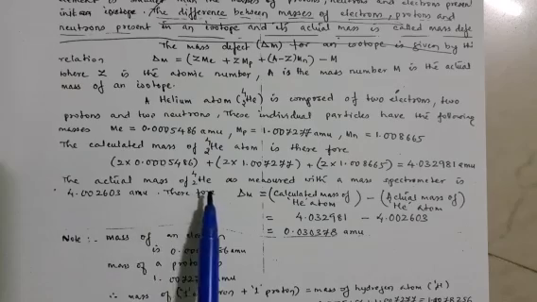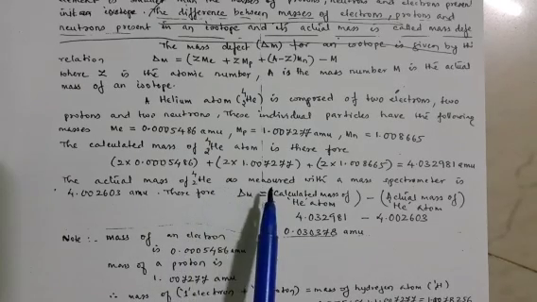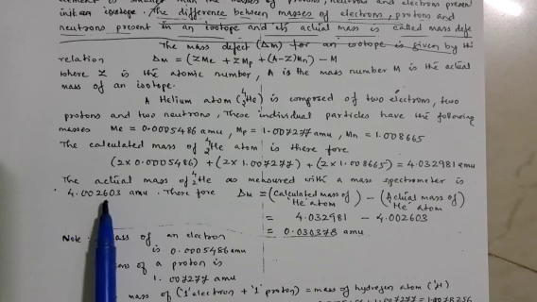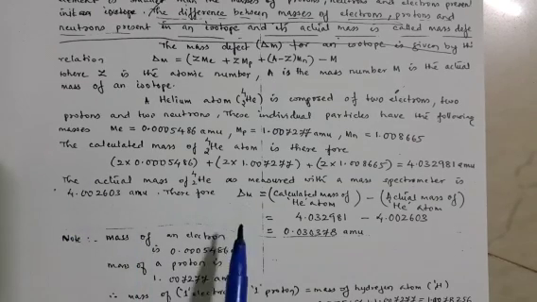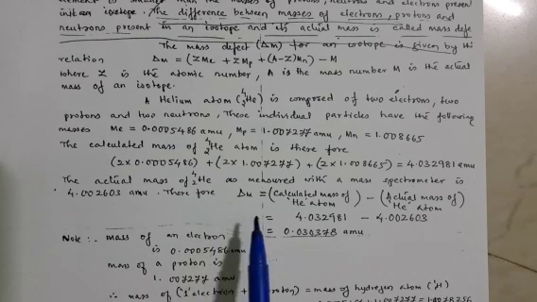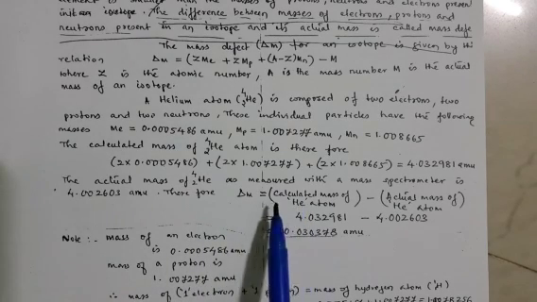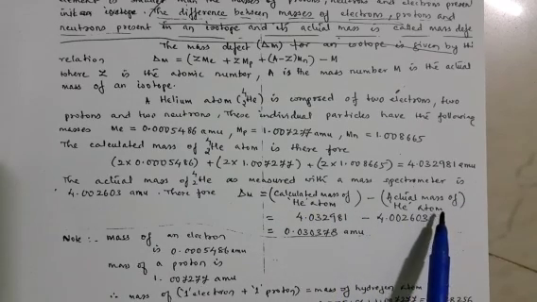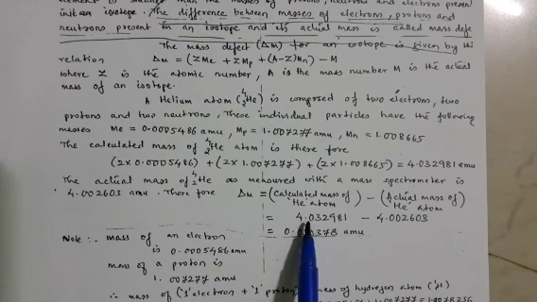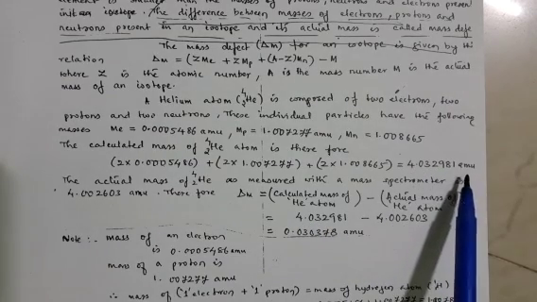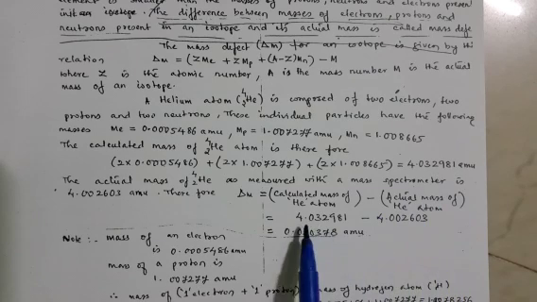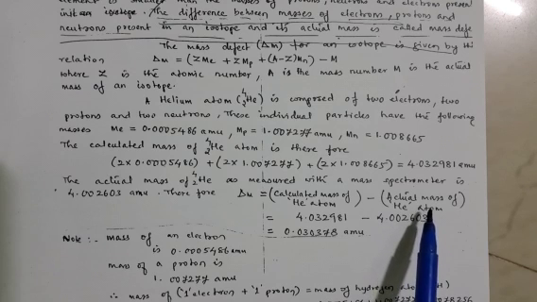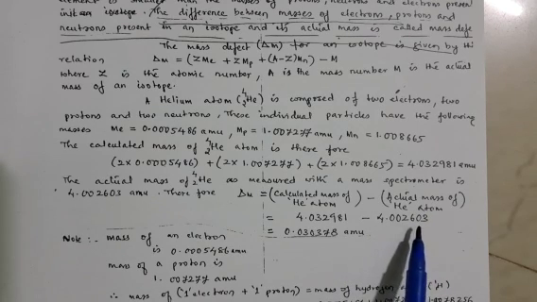The actual mass of helium, as measured with the mass spectrometer, is found to be 4.0026 AMU. Therefore the mass defect is calculated by subtracting the actual mass of the helium atom from the calculated mass. Here the calculated mass of the helium atom is 4.032, and the actual mass determined by the mass spectrometer is 4.0026.